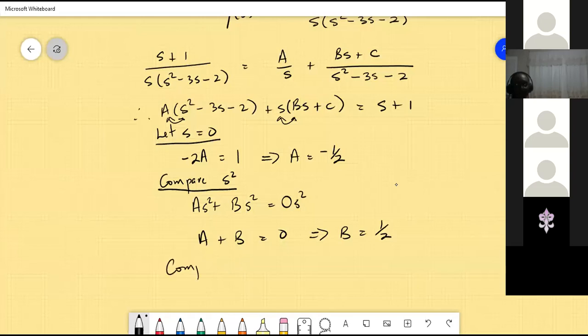You better compare s. So that is s times c and minus 3as. So minus 3as plus cs is equal to, over there, the next side is just s.